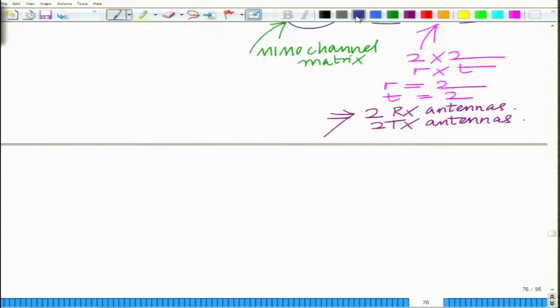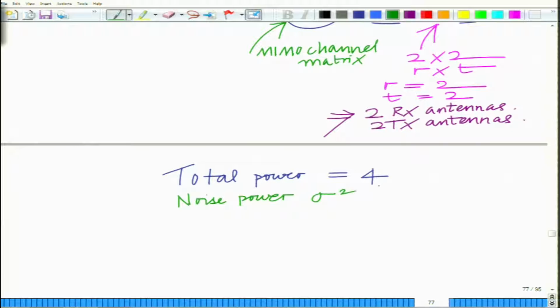Let us consider a total power and the noise power. Remember, we also need knowledge of the noise power. Sigma square equals, let us say, 3 dB, 3 decibels, which means sigma square equals 2.